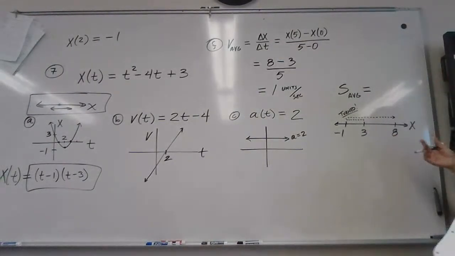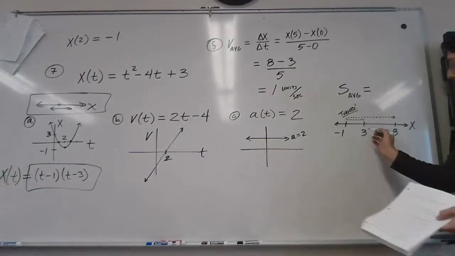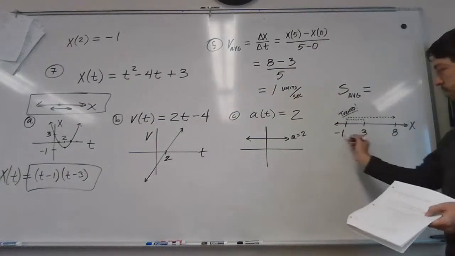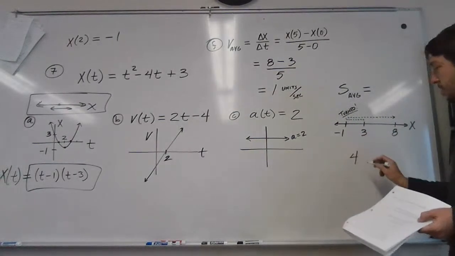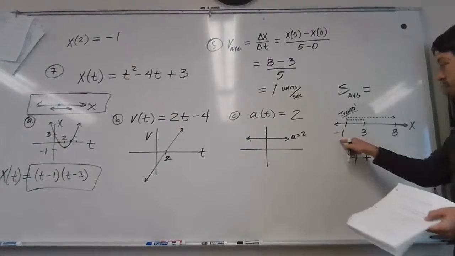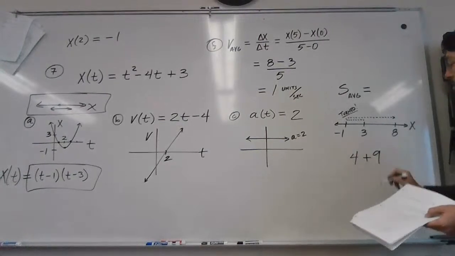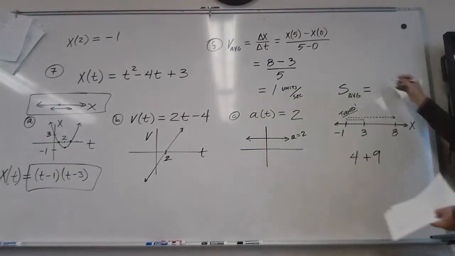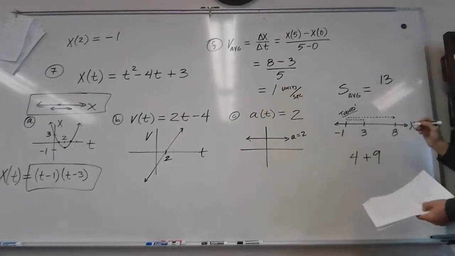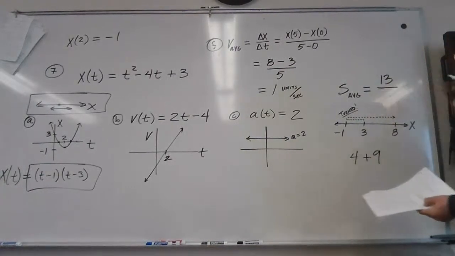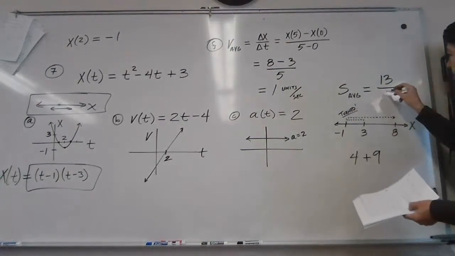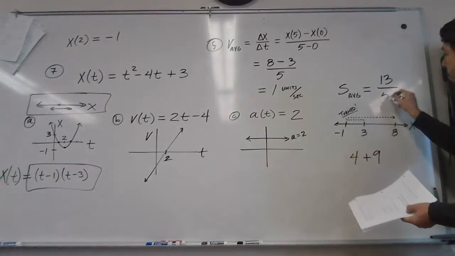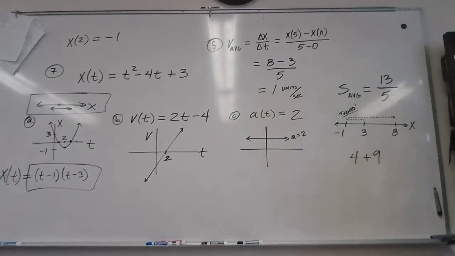So how far did he go? He traveled 4 units plus 9 units. So he traveled a total distance of 13 units, and it took him how long? 5.